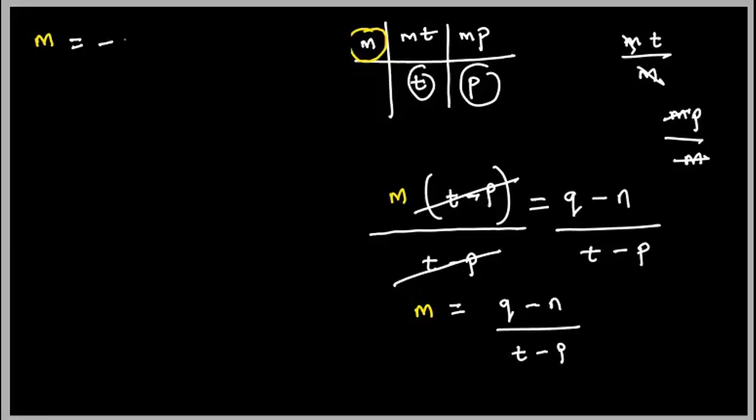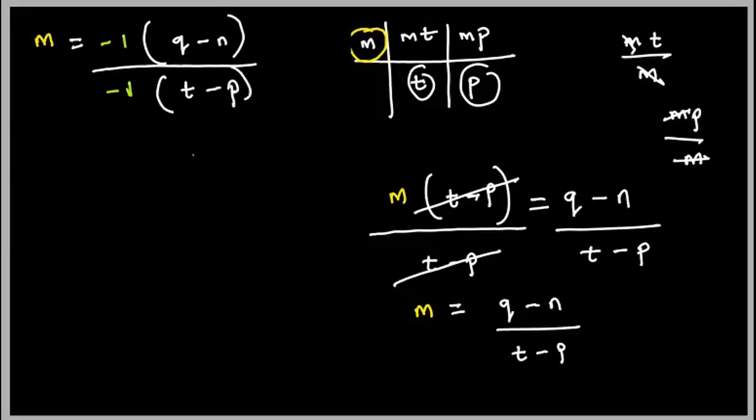So this -1 should multiply the numerator we have, that is q minus n, all over. You can also have the denominator being multiplied by -1, that is t minus p. Doing this, I will have a different form of answer, although they're saying the same thing.